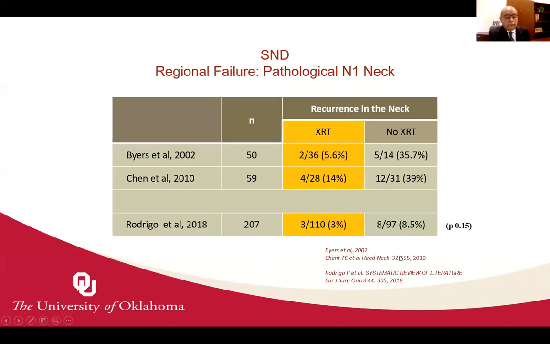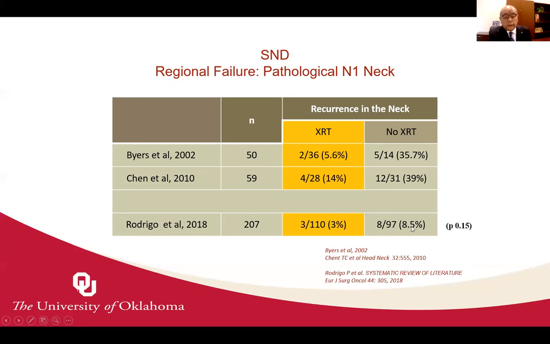However, Rodrigo et al. and several others did a systematic review of the literature not too long ago in 207 patients, and yes, the rate of recurrence in the neck with radiation is more than half less than the rate of recurrence when no radiation is utilized in this situation.